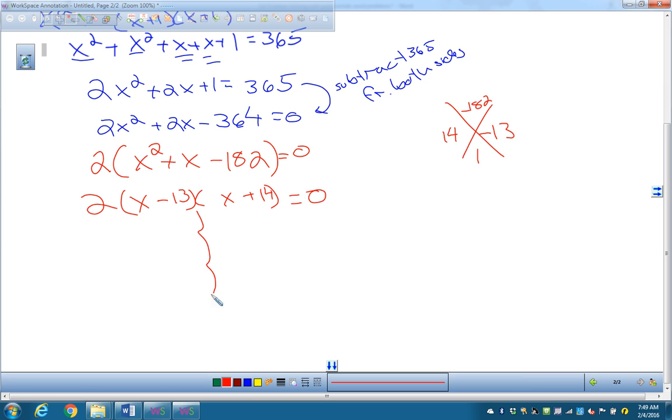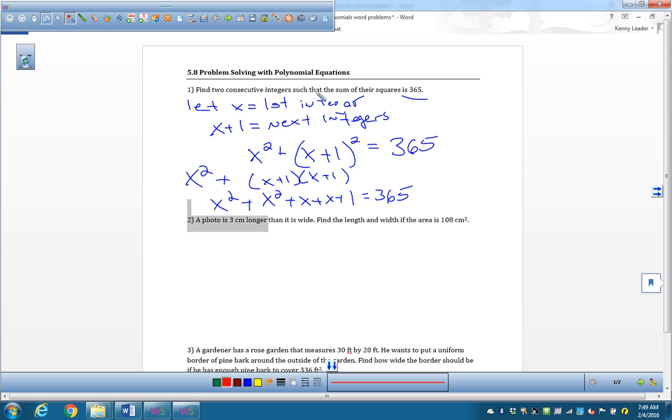What do I get here for x? What will make this expression equal 0? 13. Or x is equal to negative 14. Is this a positive integer? Could this be it? Because I think our original problem said they have to be positive integers. No, I guess not.